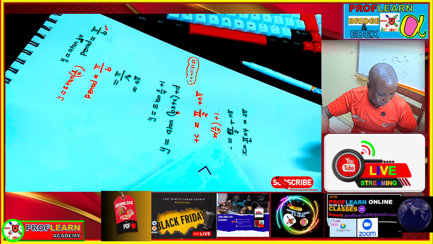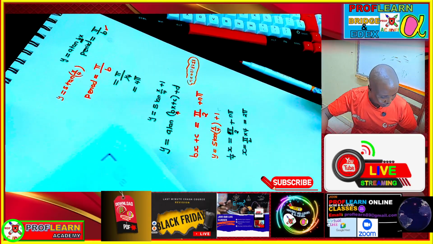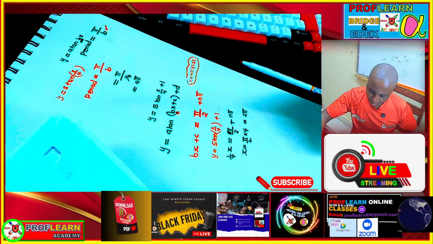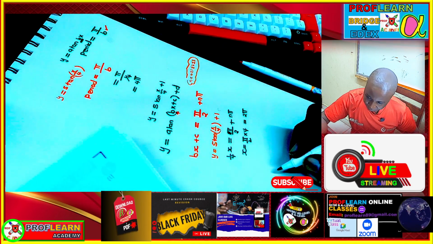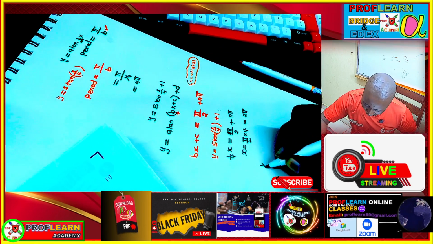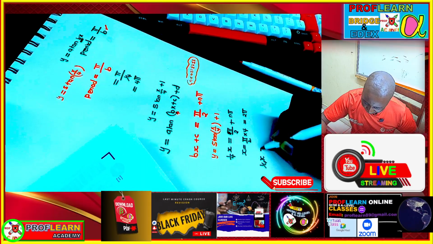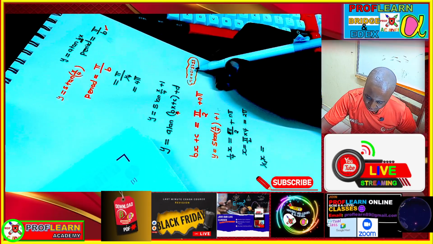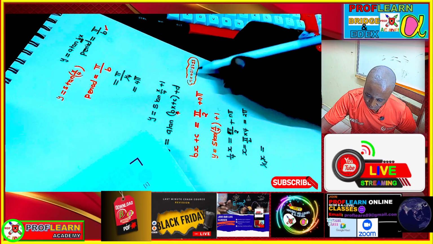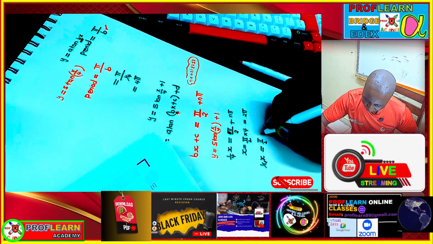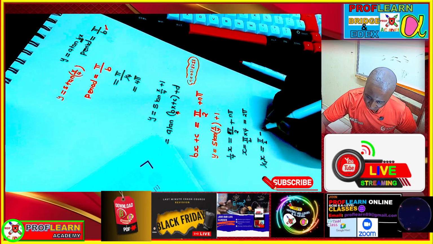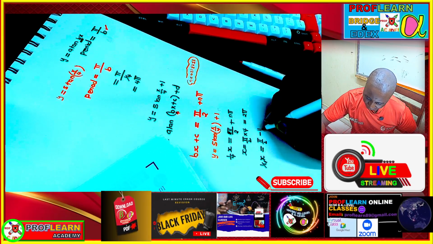The second asymptote is going to be on the left hand side when 1 over 4x is equal to negative 1. So this is π over 2 minus π.